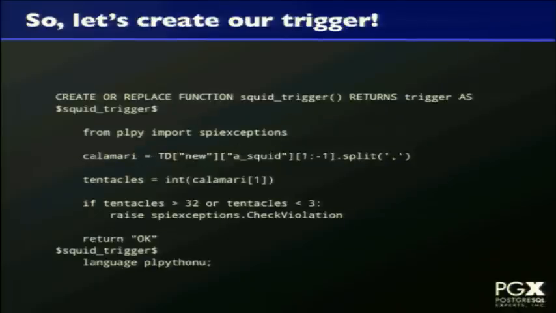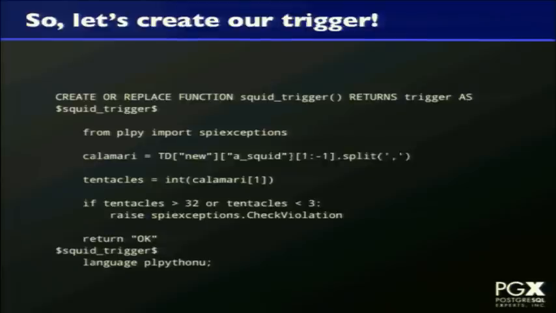Okay, so here's a trigger. This is just because we want to throw an exception. We chop our little squid into calamari here by this. The TD is an automatically declared hash or associative array that contains the new data of the row that's coming in, and we say it's a squid, and we split it into pieces there, and then we get the number of tentacles, and we say no if there are more than 32 or fewer than 3 tentacles.